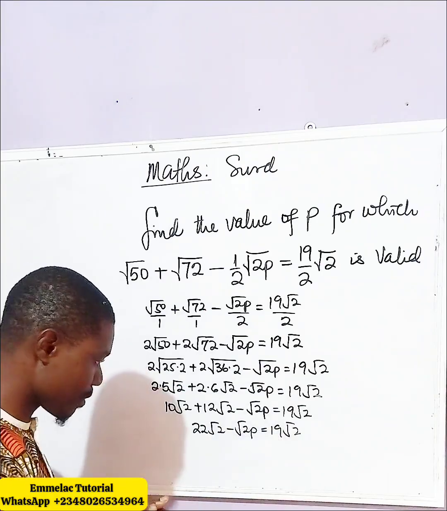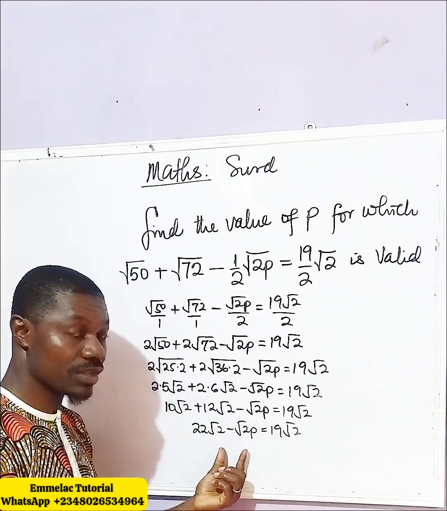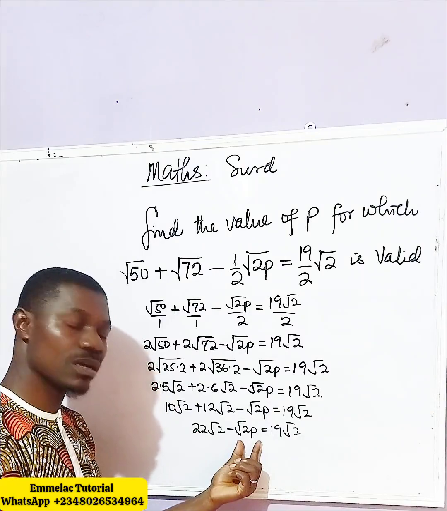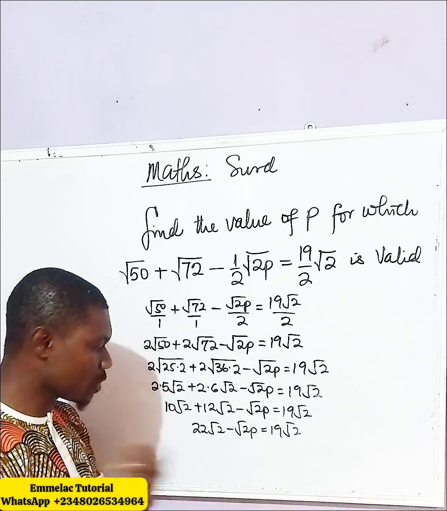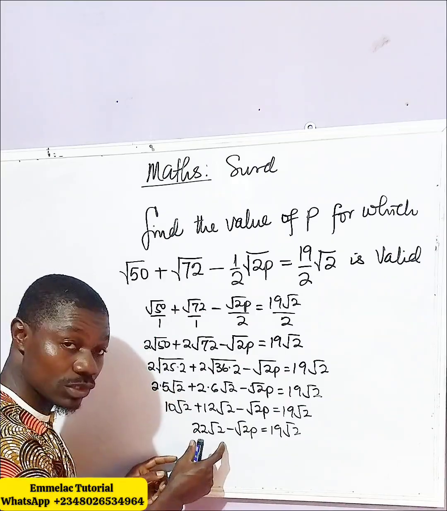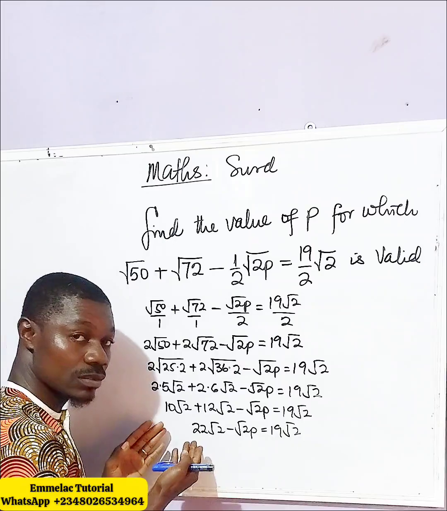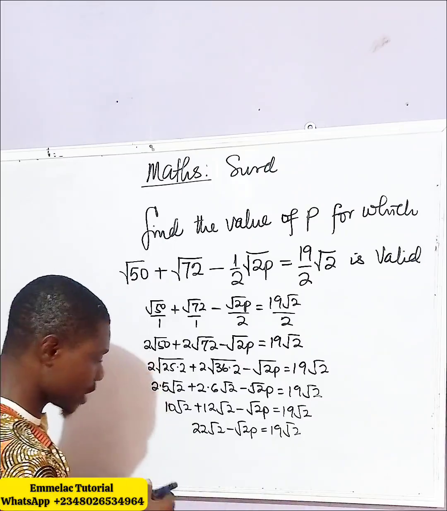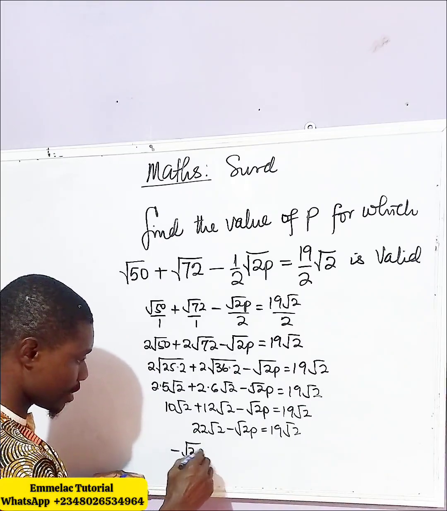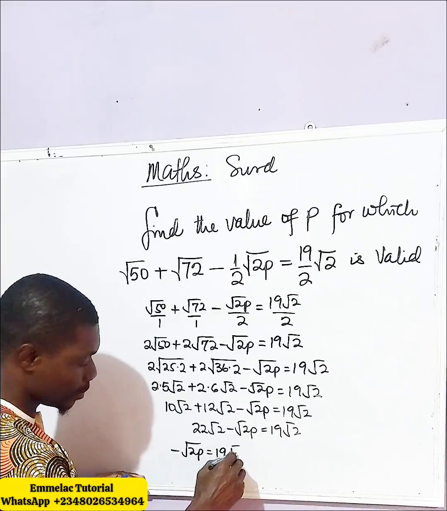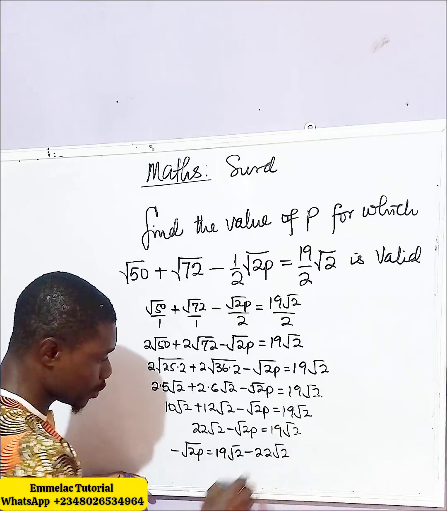Let us collect like terms. Let us subtract 22 root 2 from both sides. So we end up having minus root 2p equals 19 root 2 minus 22 root 2.